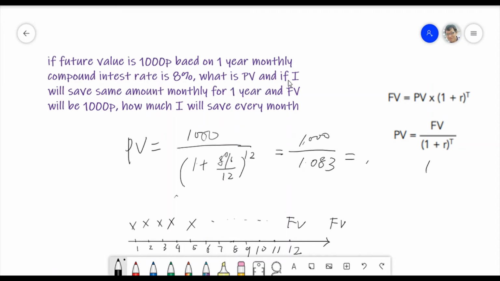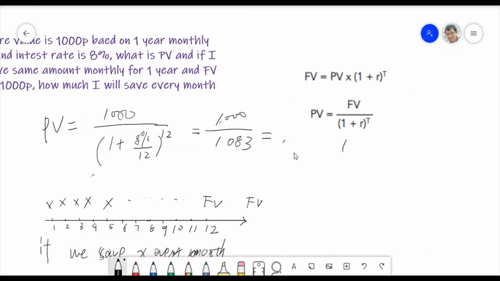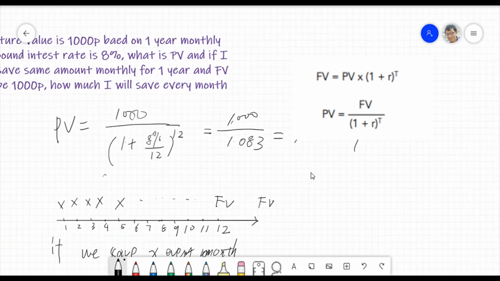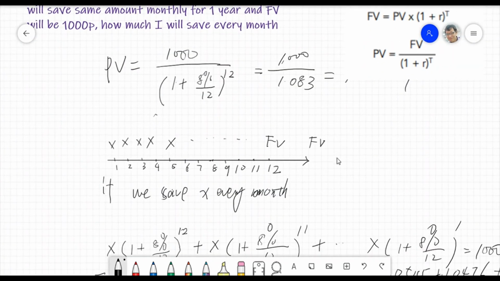Based on the formula, present value equals 1,000, this is the principal, divided by 1 plus 8% divided by 12, to the power of 12 times 1 because it's only 1 year, right? So the present value we can calculate by 1,000 divided by 1.083, and we can get the result.